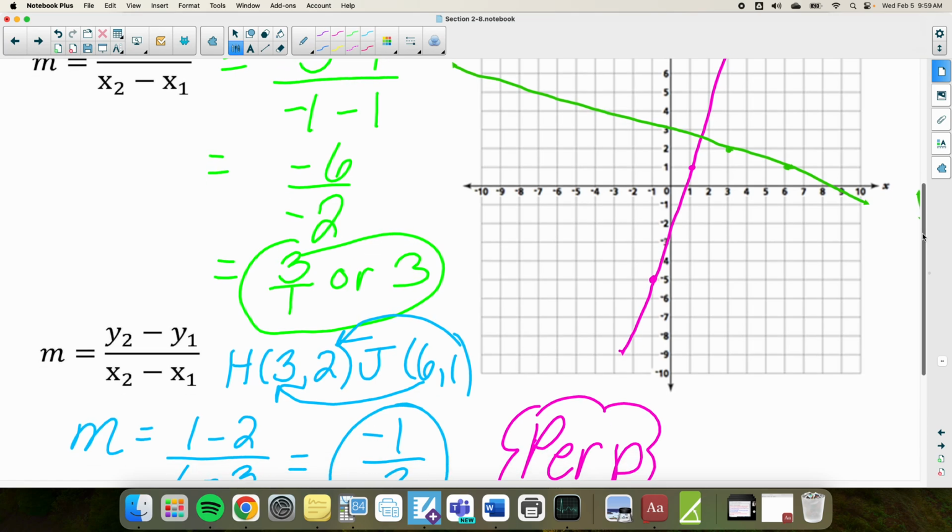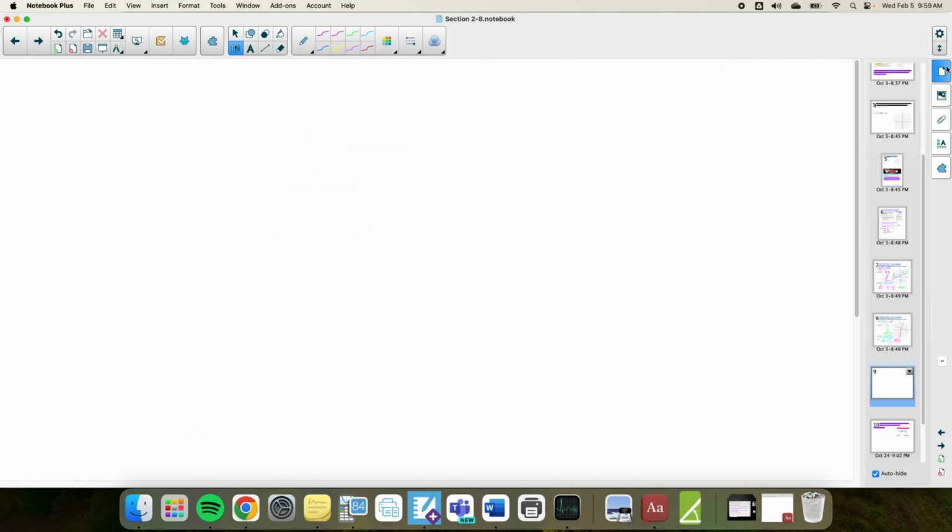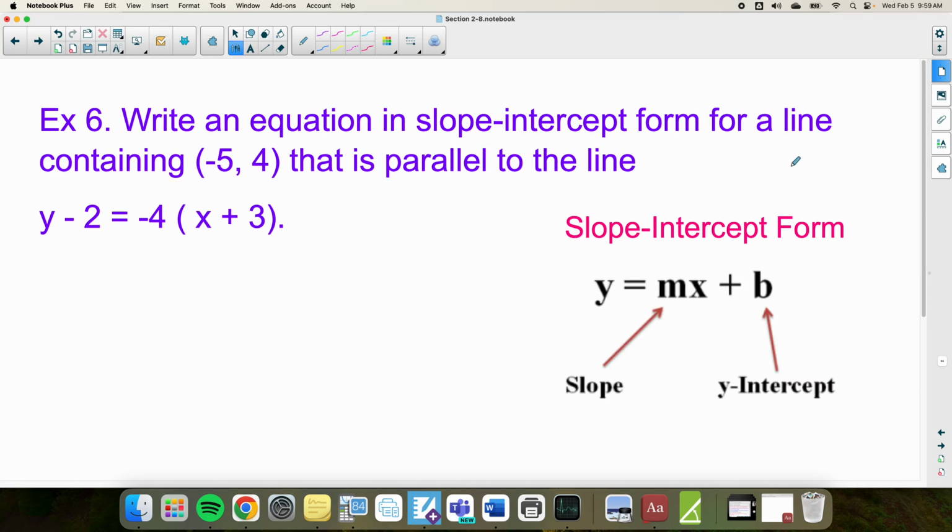Not good, but that should look perpendicular, and I have rulers up here for when you're doing them in your assignment, and especially on the test, if you're checking, I would use a ruler, and make sure your lines cover the whole graph, okay?